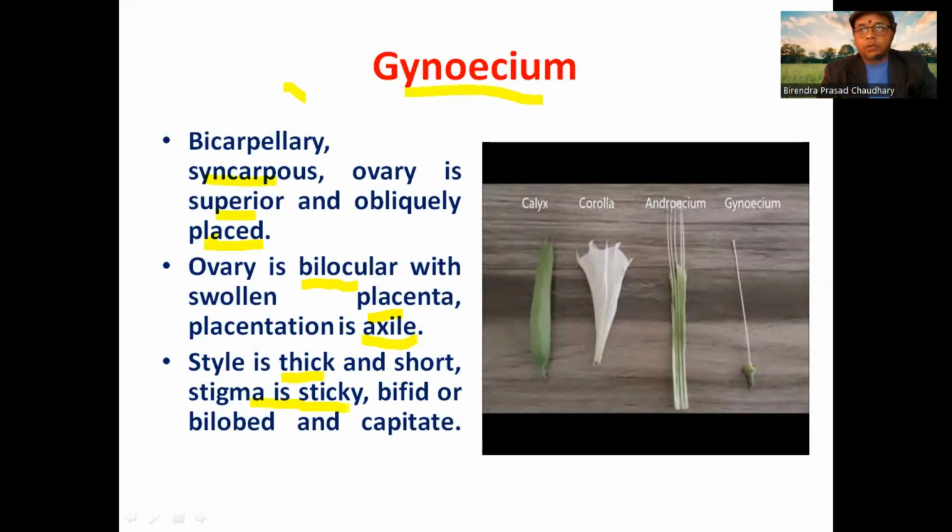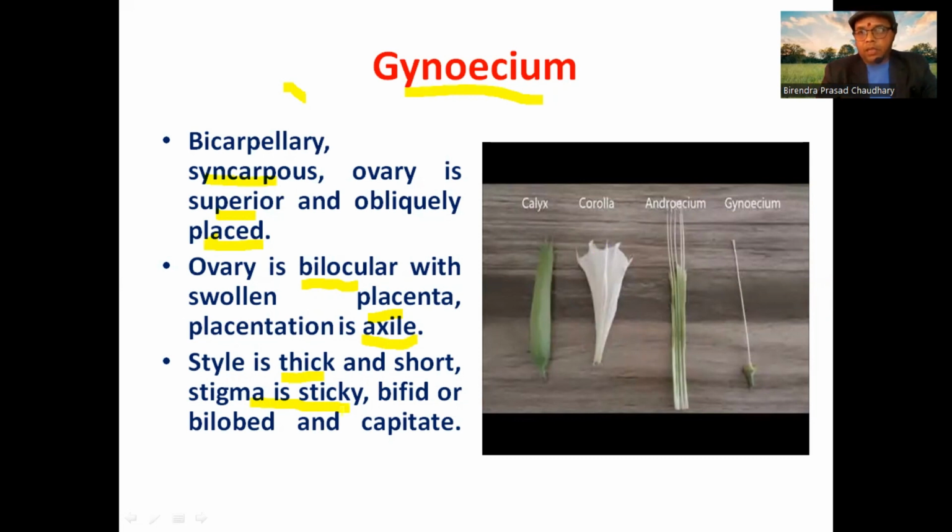It produces a sticky substance for the attachment of the pollen grains which fall upon it. Bifid, or bilobed, means the stigma contains two lobes, and capitate means in the form of a head-like structure. So these features generally you have to consider about the gynoecium, which is the female reproductive part.